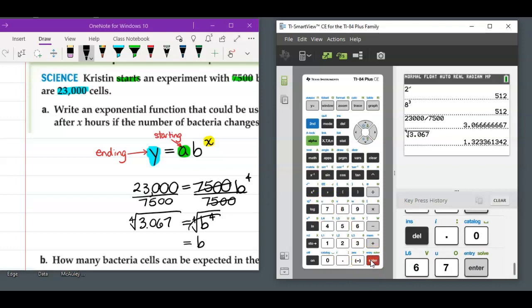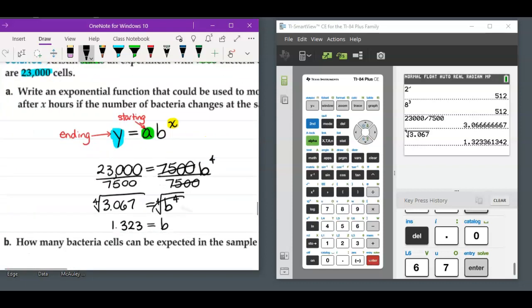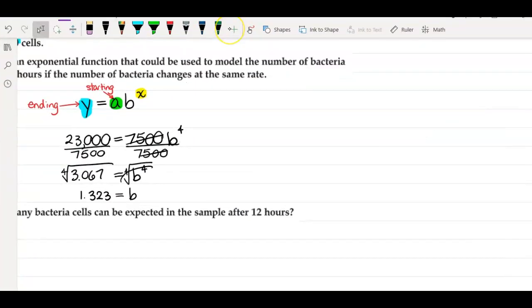That's approximately 1.32. We'll even have 3 decimals, 1.323. Now that I finally have my B value, I can go back to my original problem. I know what B is. B is 1.323.